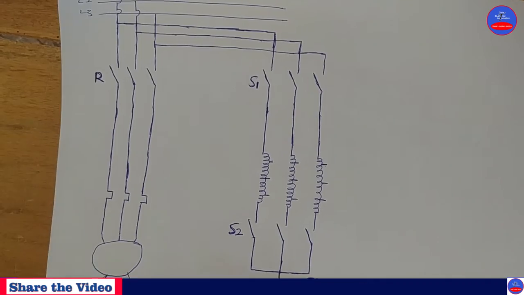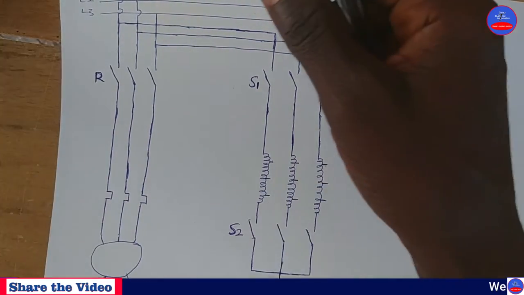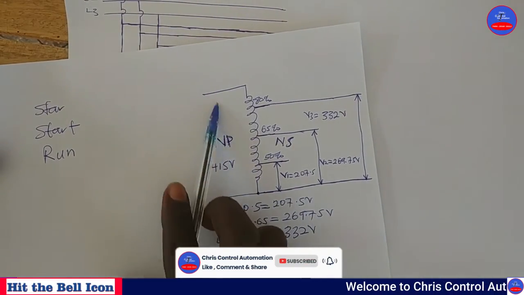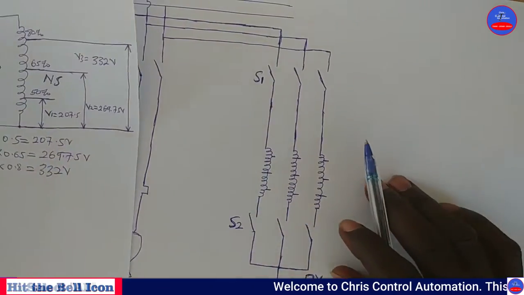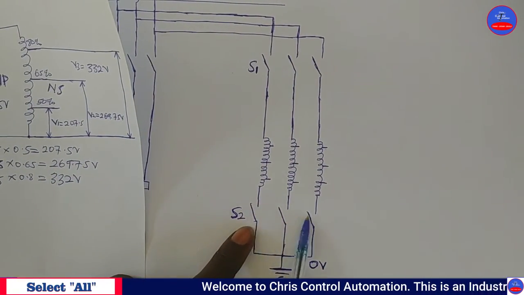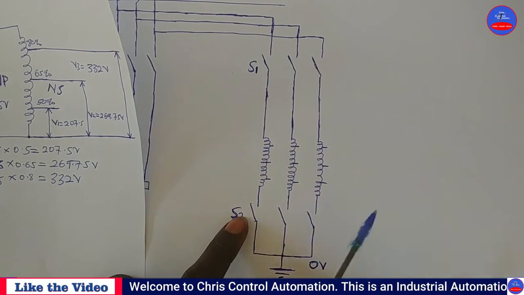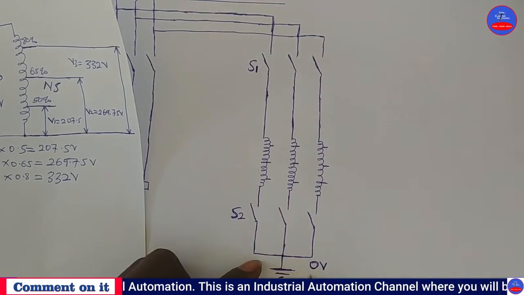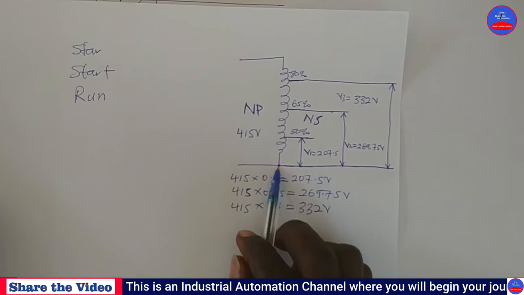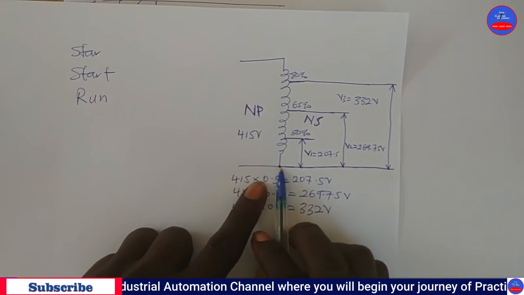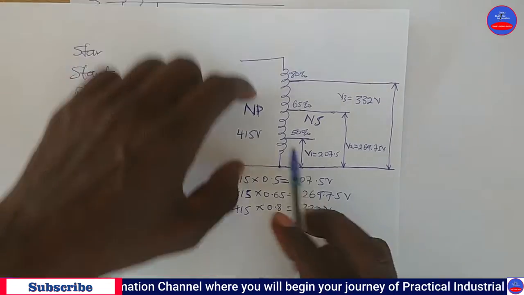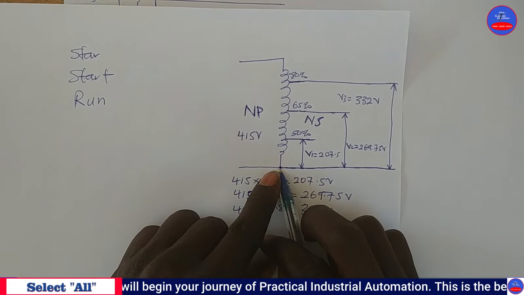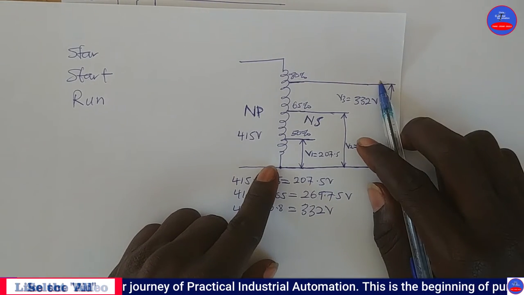We applied three phase voltage, 415, to the primary windings, but because this star contactor joins the other ends of these windings together, making a 0 point, we have a 0 potential here. Though we applied 3-phase voltage to the primary windings, on the secondary side you have a common point, common to all of this.